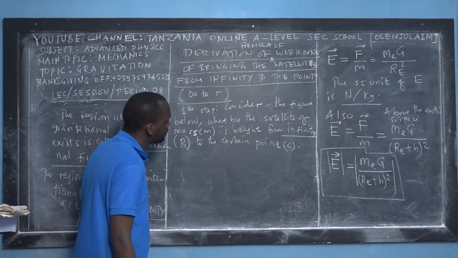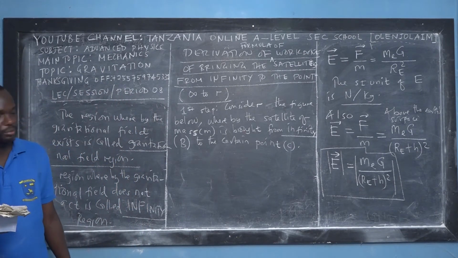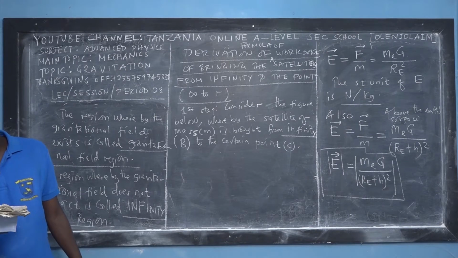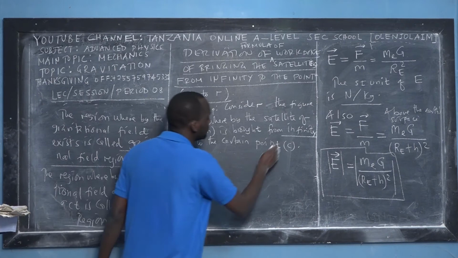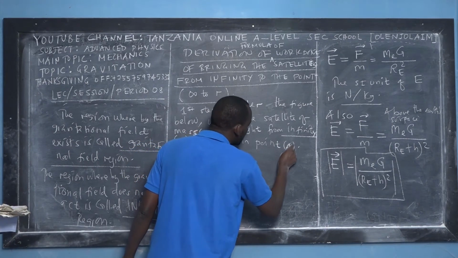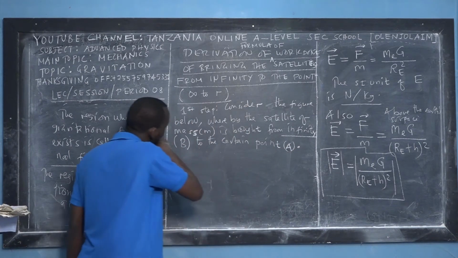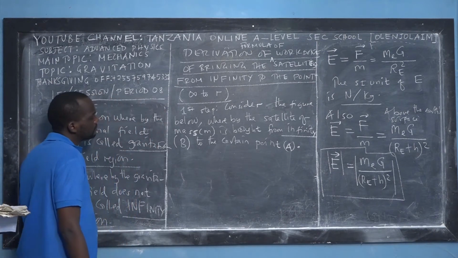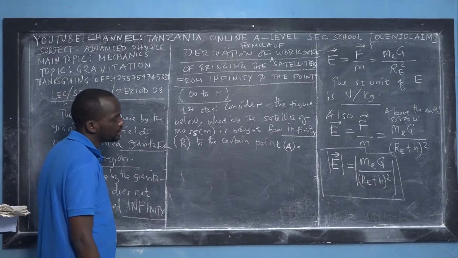So we say that infinity is point B, and the target point is point A. So that's the target, to bring the satellite to point A.